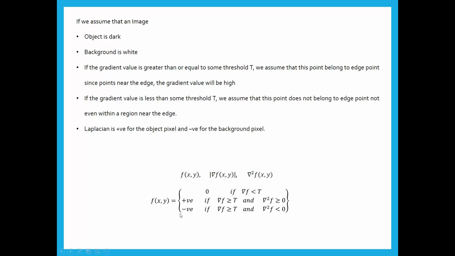And f of x comma y is equal to negative if del f, or gradient, is greater than or equal to T and del square f is less than 0. Since we know that Laplacian is negative for a background pixel, but that is true under the condition when the object is dark and the background is white.